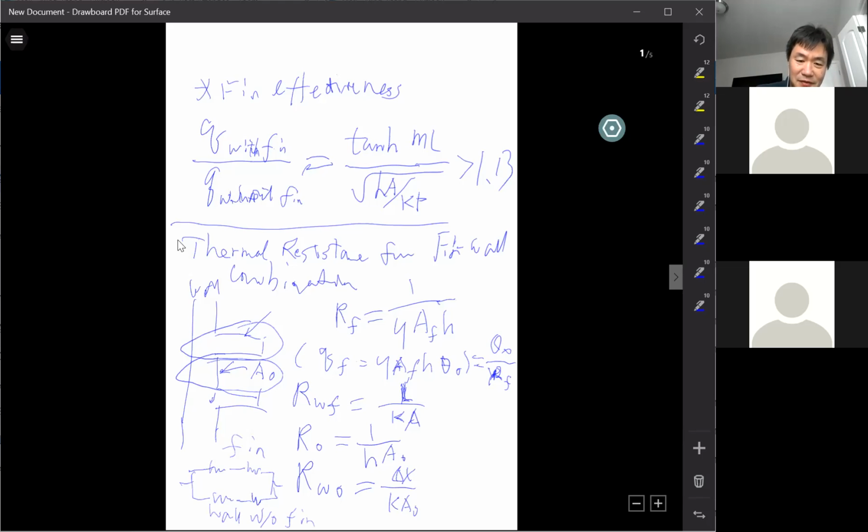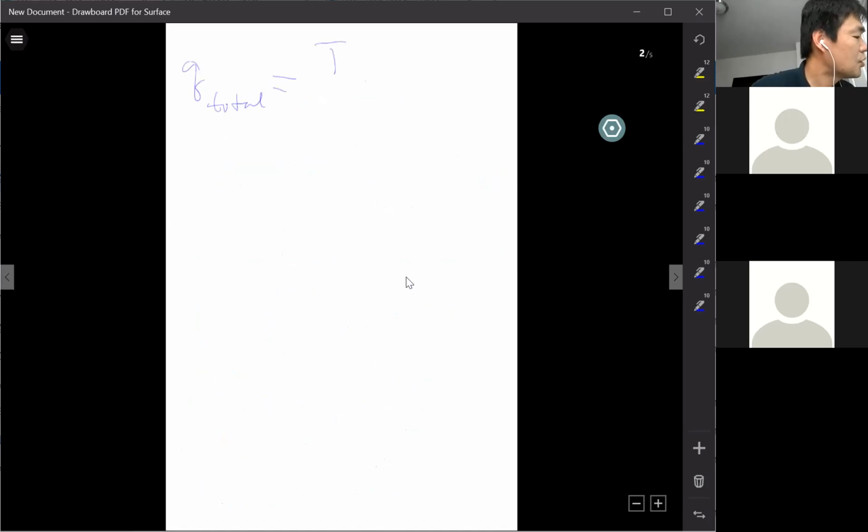The wall part without the fin also has two added together, in series. But then the whole thing is in parallel. So how do you construct it? It's 1 over, right? Parallel. The equation is on page 52, equation 2.49.